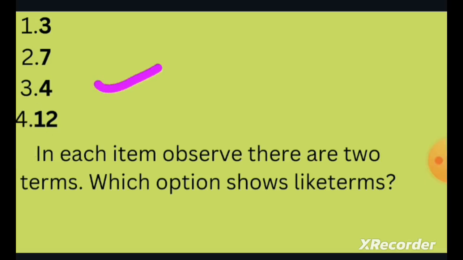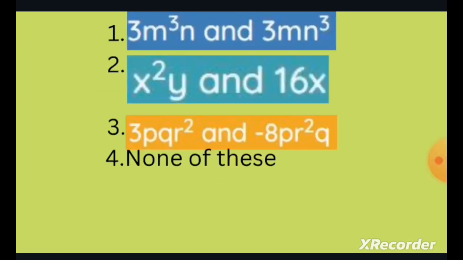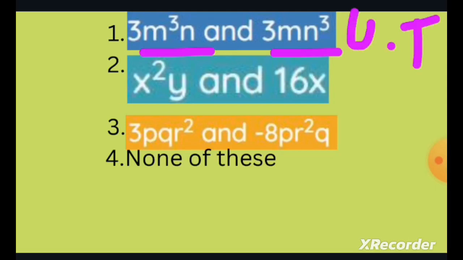Now you have to find out, in the next question, about like terms. Like terms means having the same variables. So here you can see in the first case, observe this, power of m is 3, power of n is 1, power of m is 1, power of n is 3. So these are unlike terms. Next is x square y and 16x.